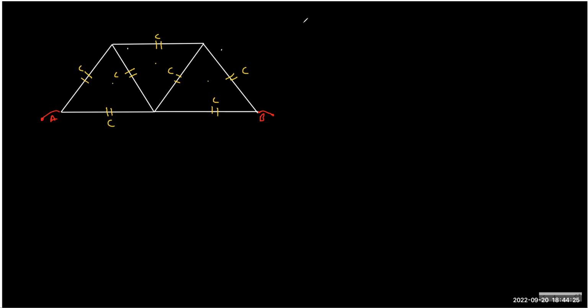So I'll choose these 3 points A, B, C. I'll just name them. And I want to replace this by my new star equivalent. So once I replace the delta part, because all are equal values, what is the summation part?